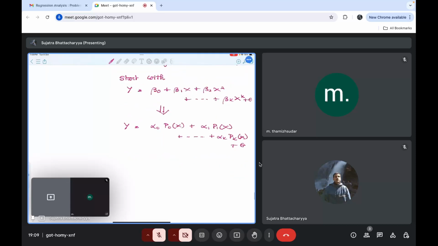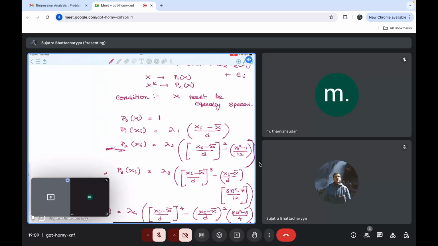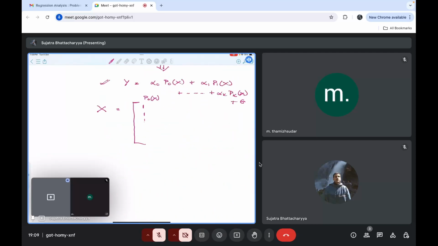Now, for this kind of model, we will do the same as we did for the multiple linear regression model. The X matrix will be something like this. The first column will be 1, related to P0(x); just see that its value is always 1. So these are all going to be 1.